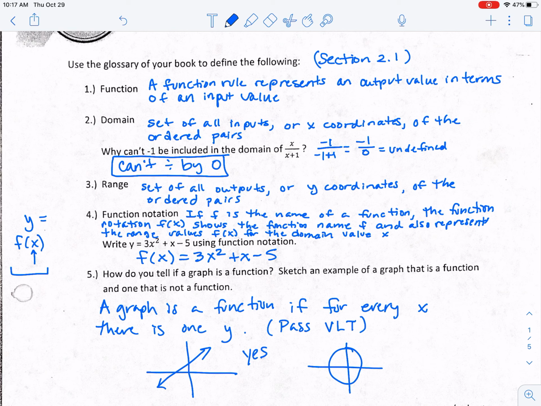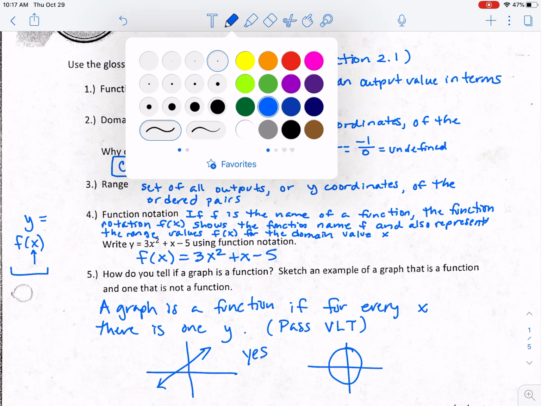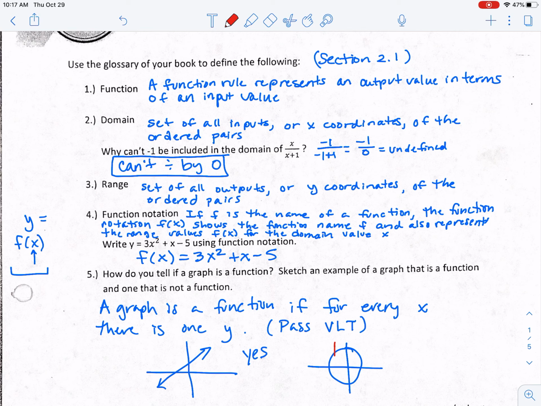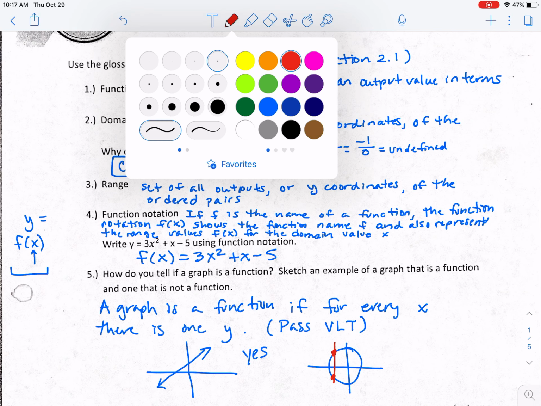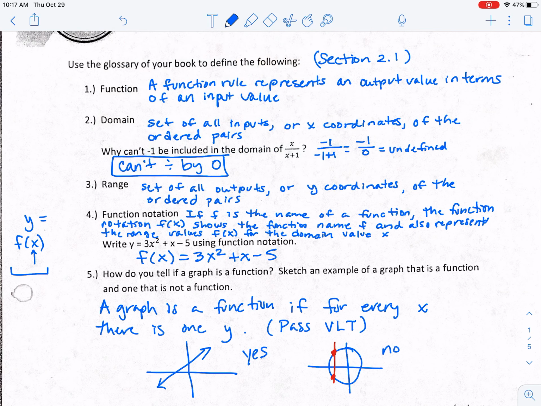Is that a function? Well, no. As I move from left to right, let me grab a different color here, and I draw a vertical line, notice it hits 2 points. So that means there is not, for every x, just one y. For this x, there's two y's. So this one is going to be a no, it's not a function. Here's another example.